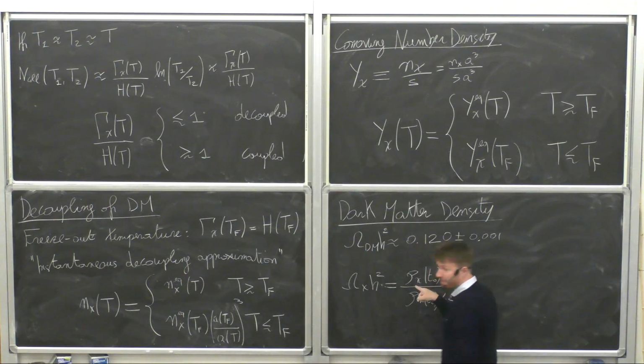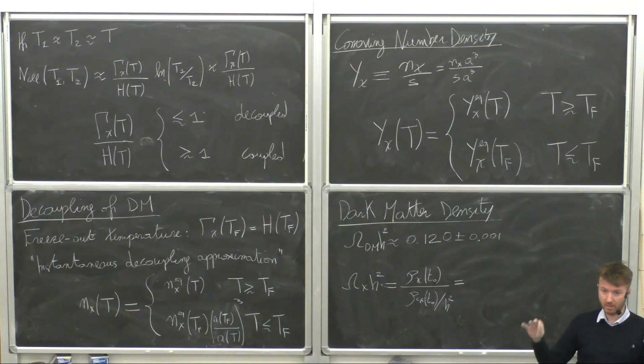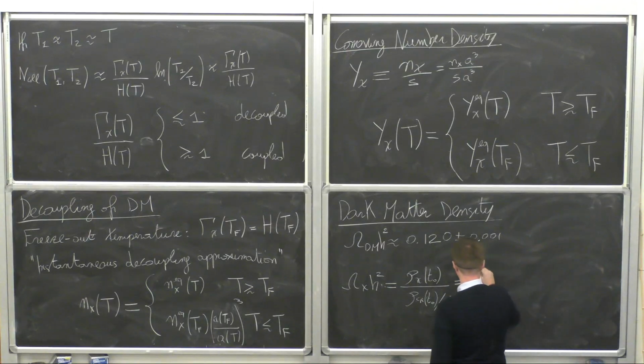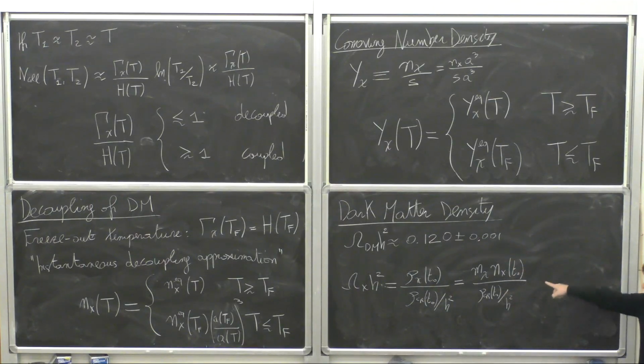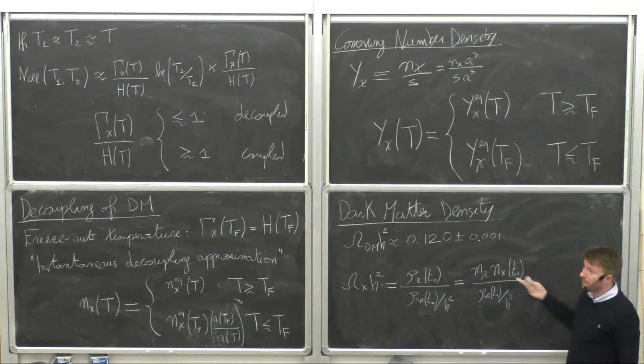How do I compute the energy density today? The energy density today, this is cold stuff. No kinetic energy whatsoever. w equals 0. They are at rest. The energy density is mass times the number density. Okay? So it is mass times number density. I'm assuming the mass constant, and the number density evaluated today. So doing a relic density calculation and see if the predicted value matches the observed value, well, then requires to compute the number density of dark matter today.